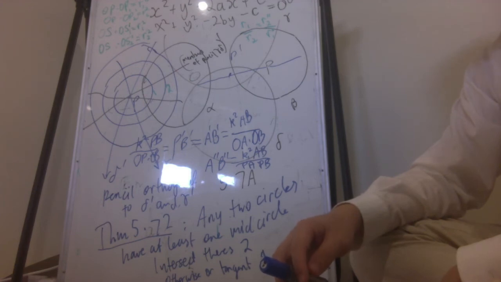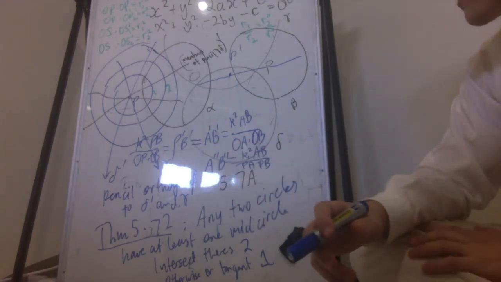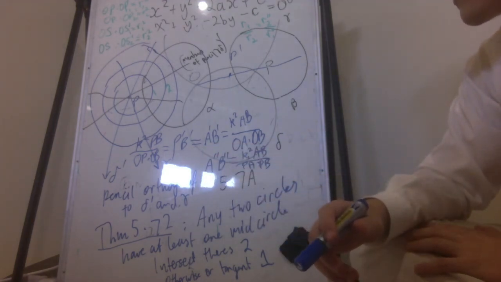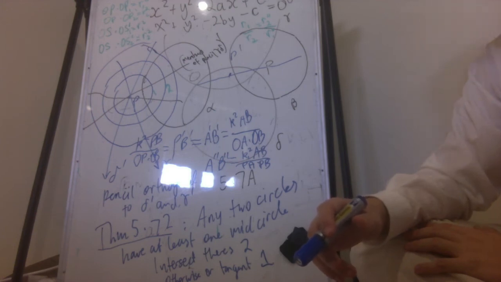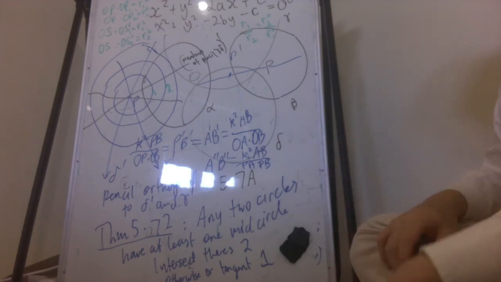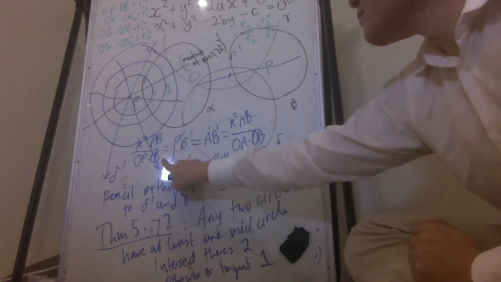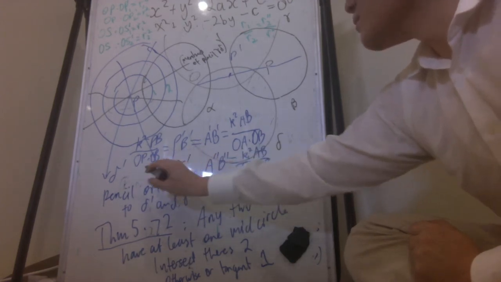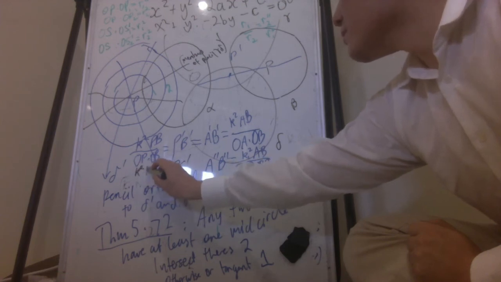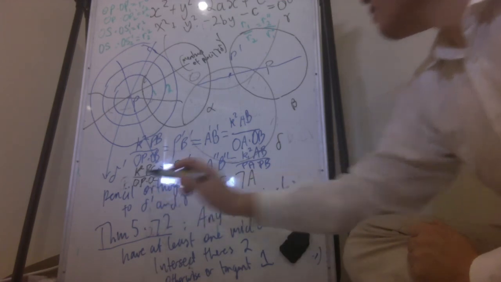Is P the center of the range, or is it still over that top one? So if you pick another point C for another circle, you have P prime C prime equals K squared PC on OP times OC.